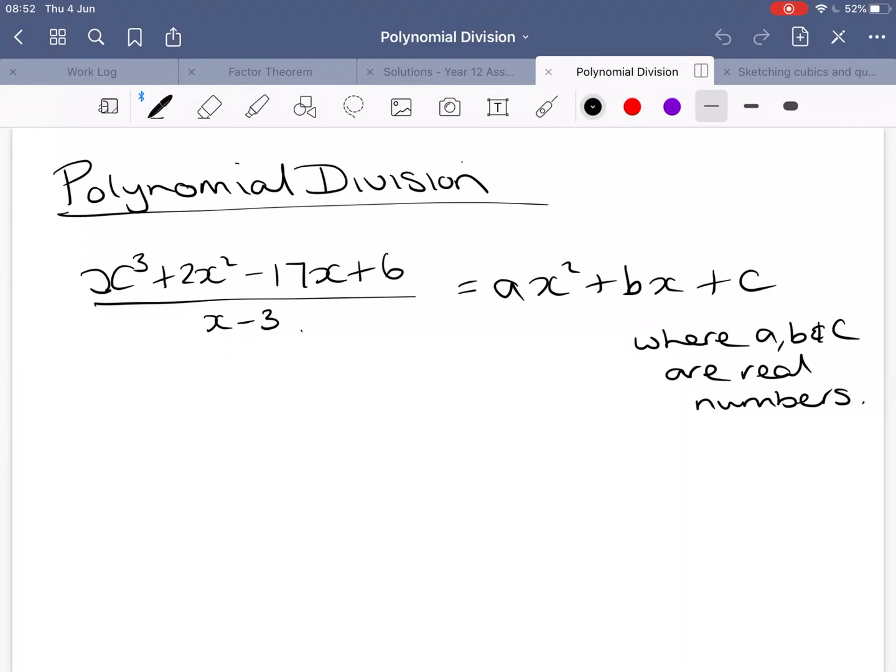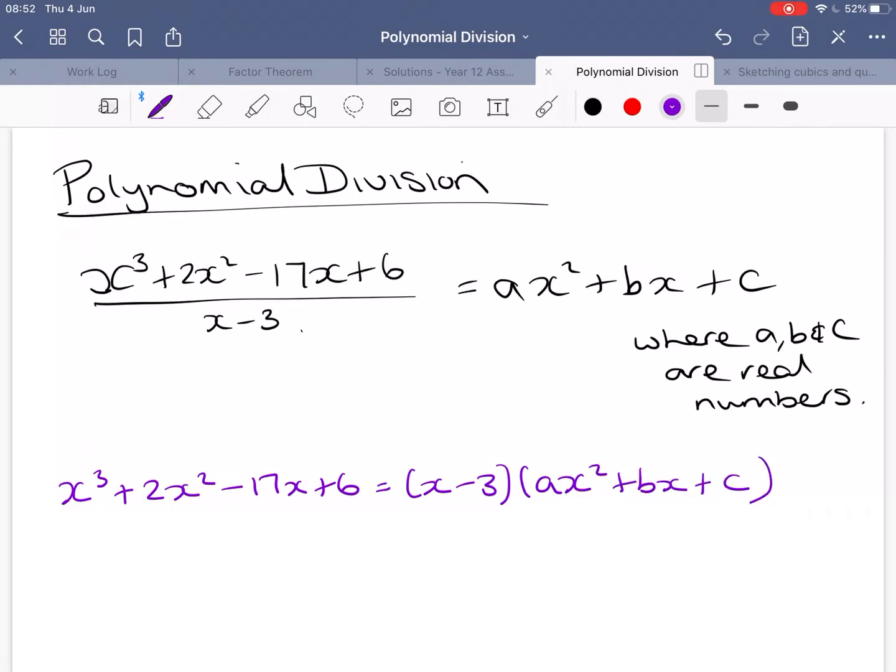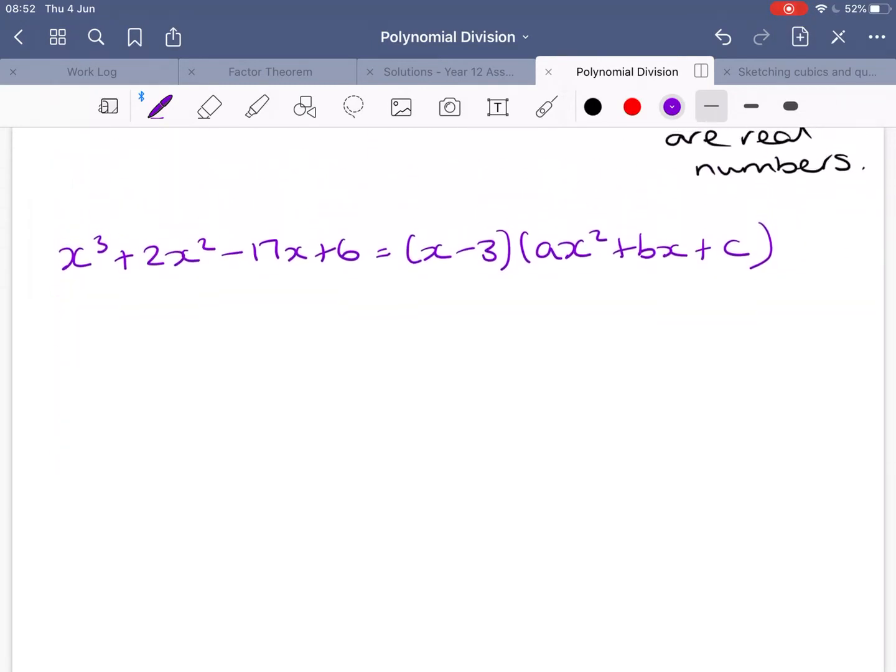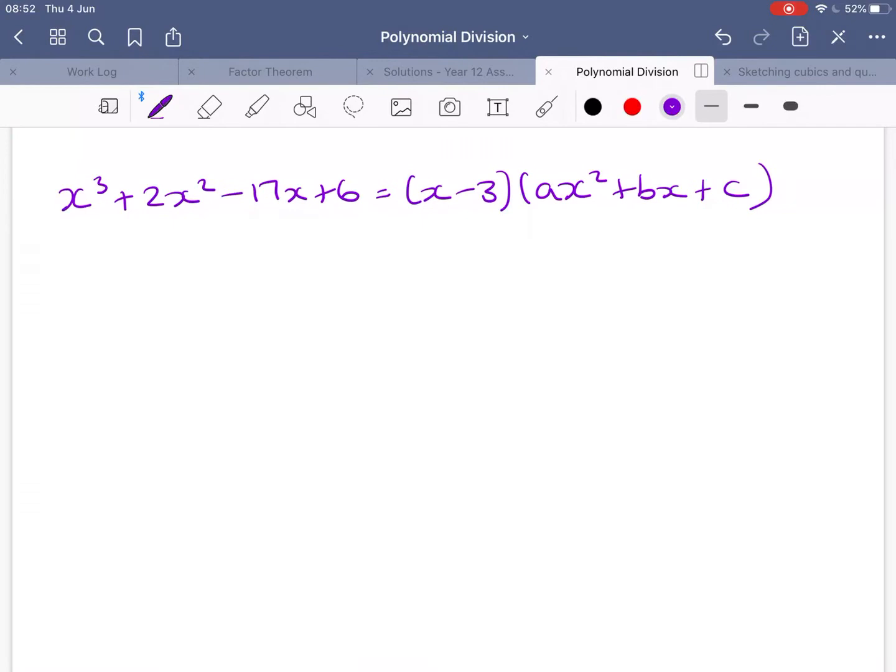So I can rearrange this and say that's exactly the same as saying x cubed plus 2x squared minus 17x plus 6 is equal to x minus 3 times ax squared plus bx plus c, because I've just multiplied both sides of the equation by x minus 3.